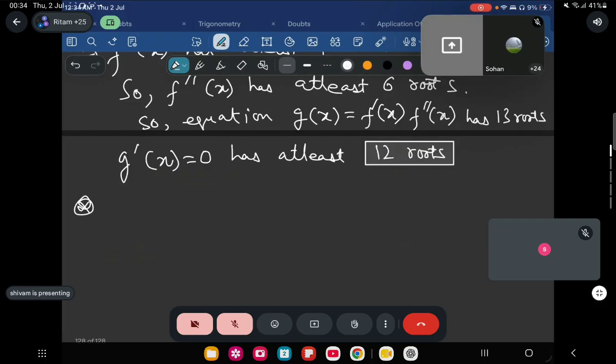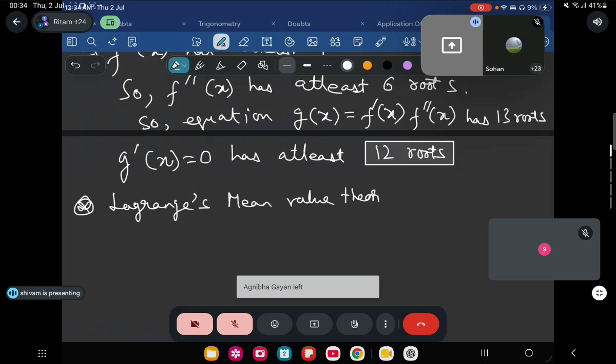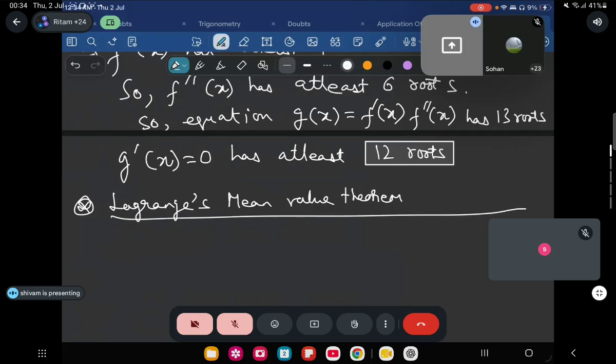Okay. Next, our next topic is Lagrange's mean value theorem. If you people have understood Cauchy's mean value theorem, I've got Lagrange's mean value theorem as well, LMVT.